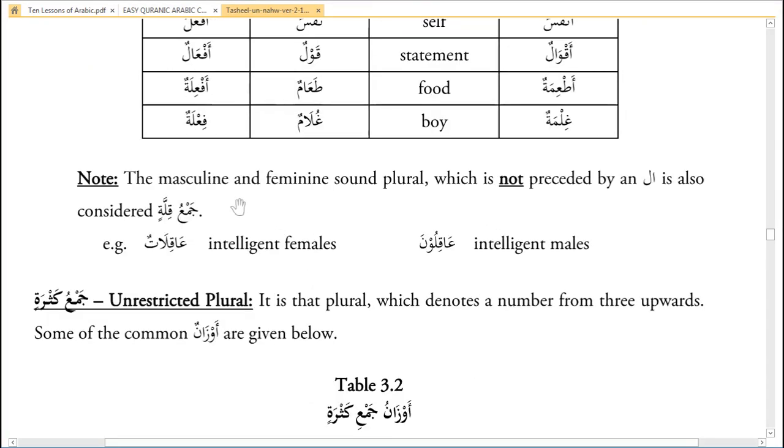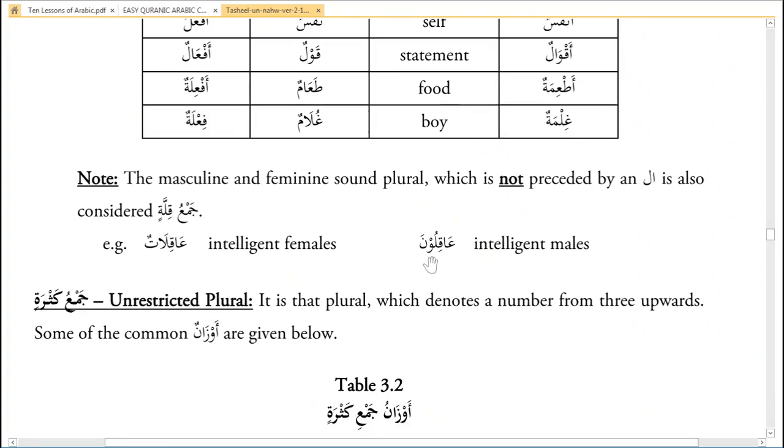Here it's saying that if any sound plural, which is salim, we studied in the previous lesson, the Jam'a salim, which is the original, does not break. It says if it is without alif lam, then it's also Jam'u Qilla. For example, aakilatun, there's no alif lam, so aakilatun is Jam'u Qilla from 3 to 10, for intelligent females.